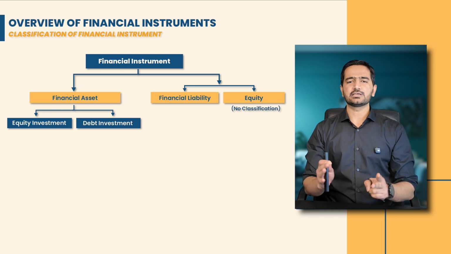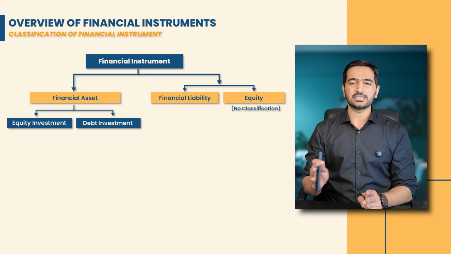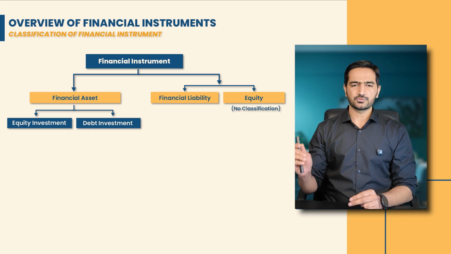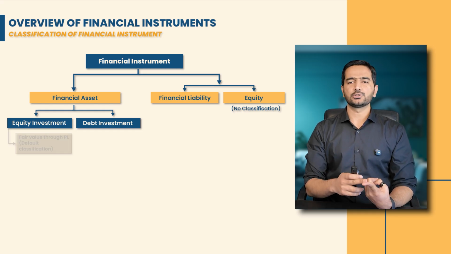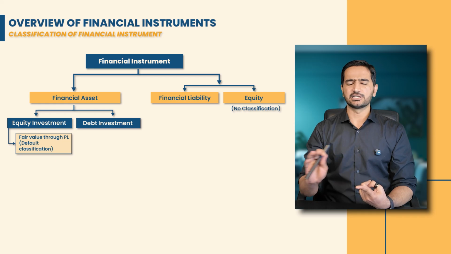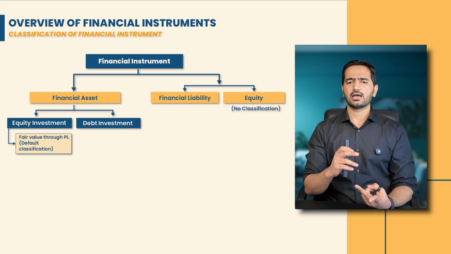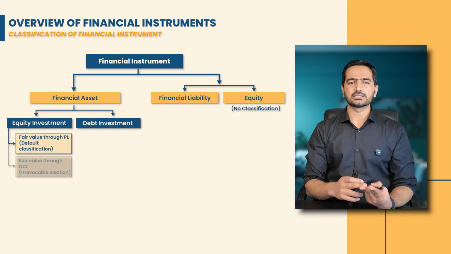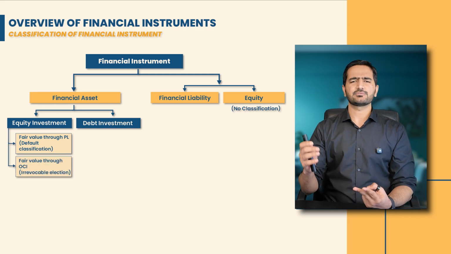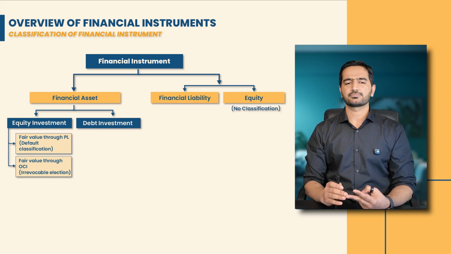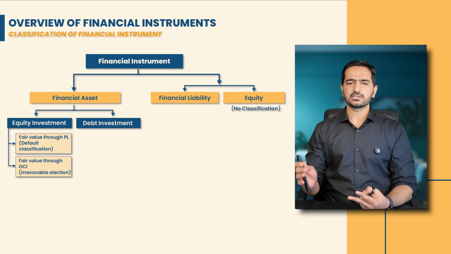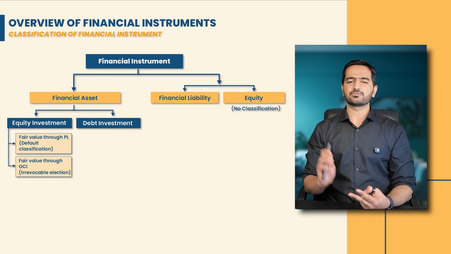Now, IFRS 9 gives us different classification options for each type. For equity investments, IFRS 9 gives us two classification options. Number one is fair value through profit and loss. This is the default classification. And number two is fair value through other comprehensive income. This is available only if certain conditions are met and if the entity makes an irrevocable election. In both cases, equity investments are measured at fair value.